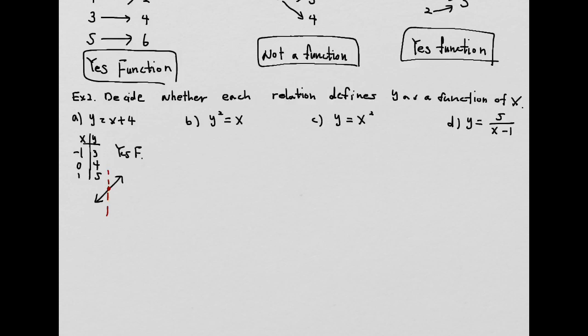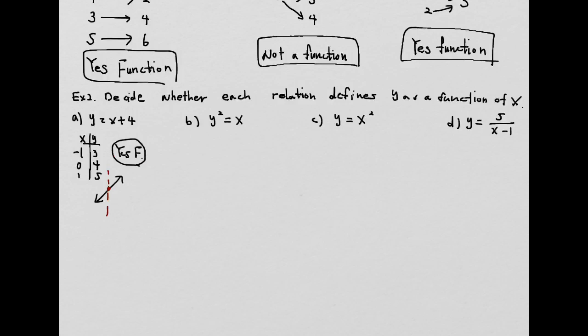So we call this the vertical line test, right? And because it satisfies the vertical line test, just meeting one point, this is going to be a function. So either you plug in points or graph and use the vertical line test to see if a given equation is a function or not.